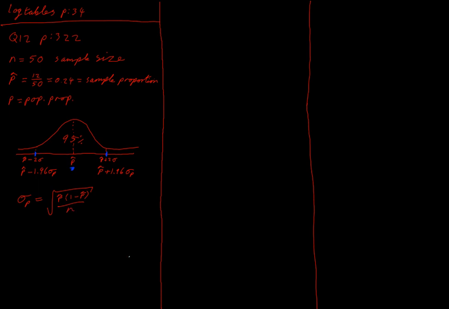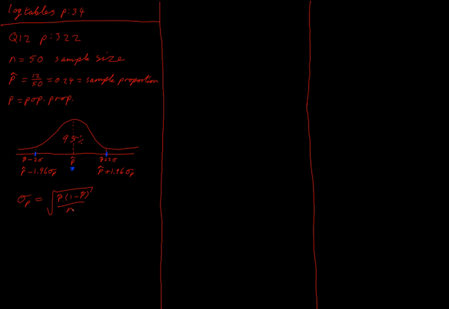This formula doesn't need to be known by heart. It's on the bottom of page 34 in your log tables. So whenever you're doing a statistics type question, you're going to open up page 34 in your log tables, and 34 up to, I think, 37 has all of the formulas you need. Now, let's find our standard error for our particular problem.